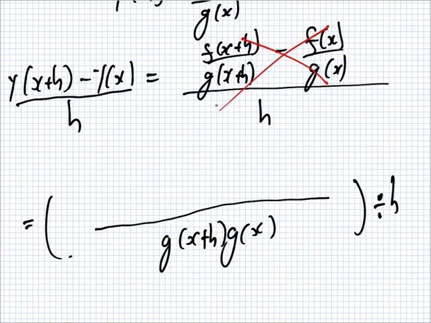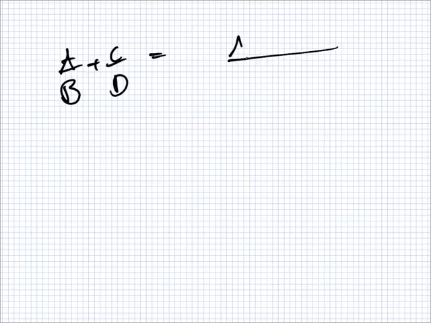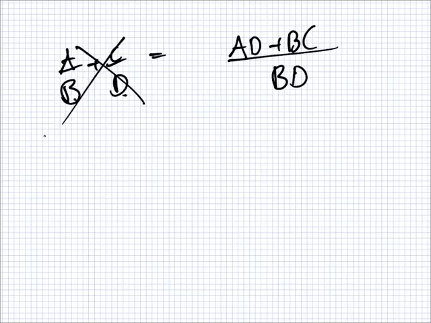Add the fractions together. There's always one person that says, here. So just to prevent that, what I'm doing is multiply the bottoms and then you cross AD plus BC, okay? That's all I'm doing here.